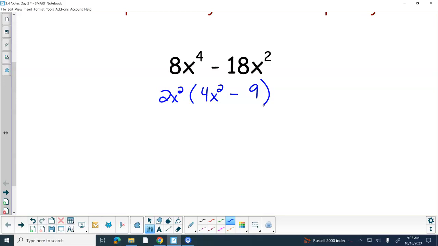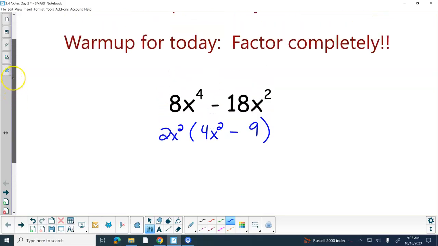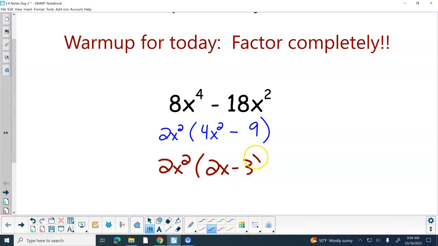Okay? That's what the word completely means. We gotta go, yes, we factor. So if I would have just said factor, this would have been an answer, because you did technically factor. But factor completely says that we're going to write it as 2x squared times 2x minus 3 times 2x plus 3.